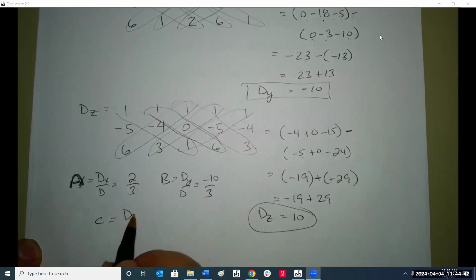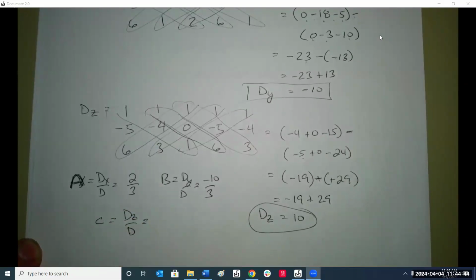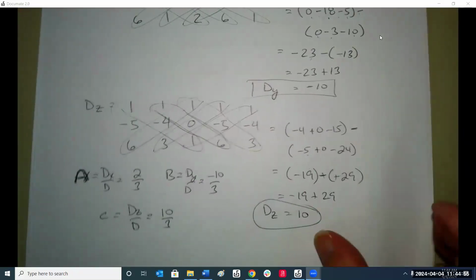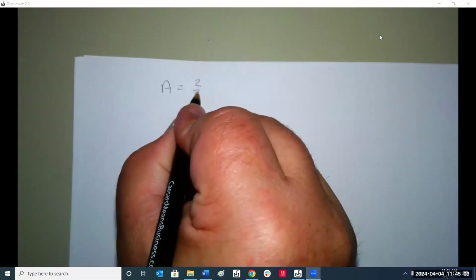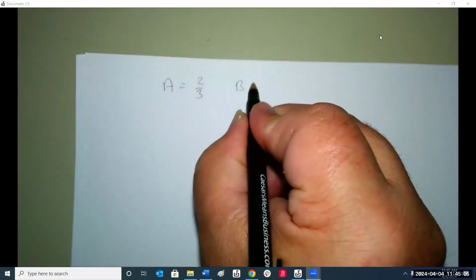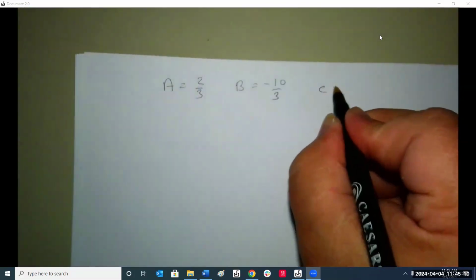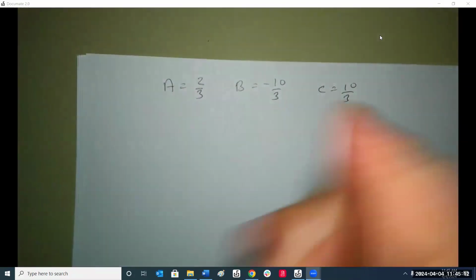And C is dz over D, is 10 over 3. So we're saying that A equals 2/3, B equals -10/3, and C equals +10/3.